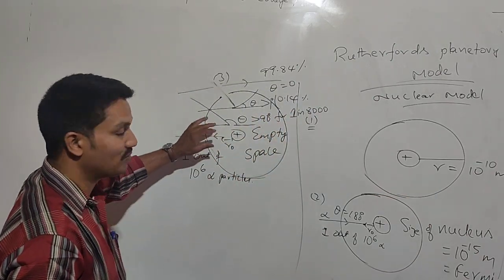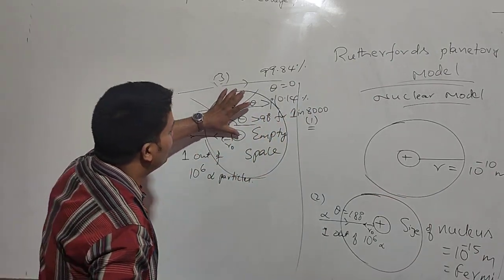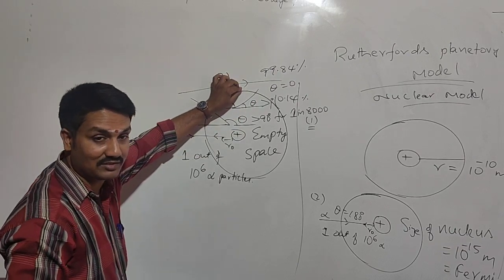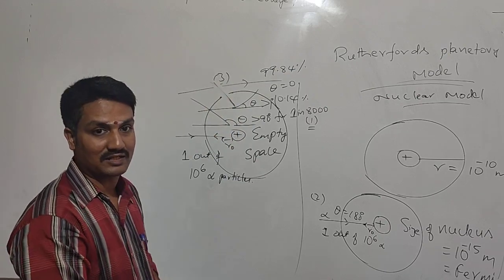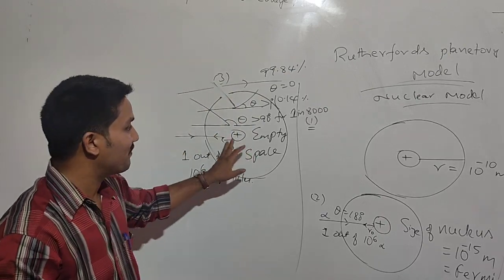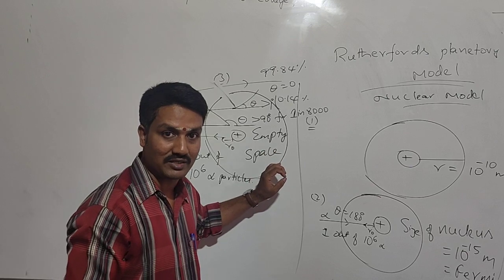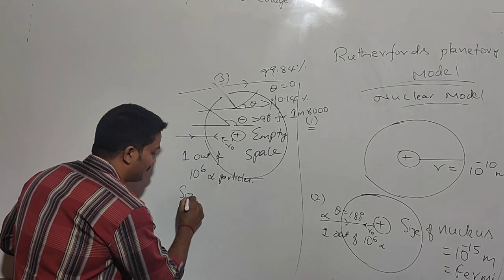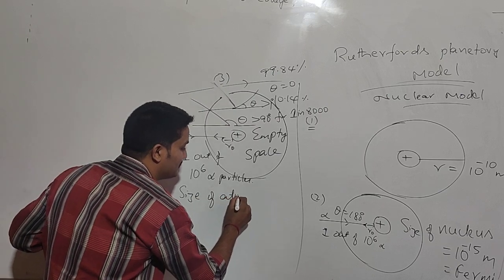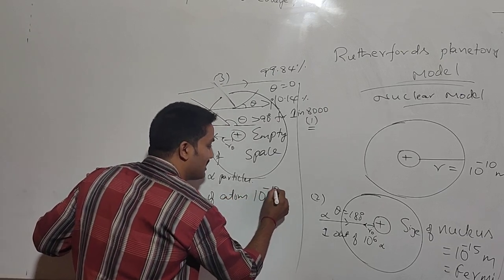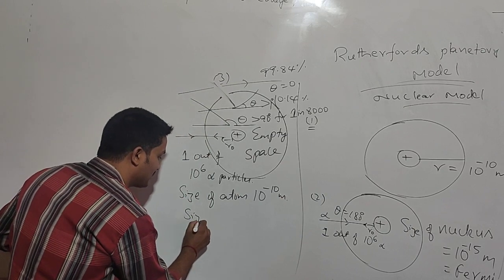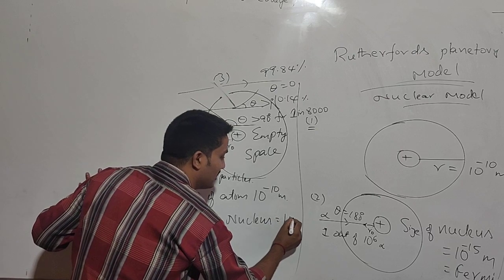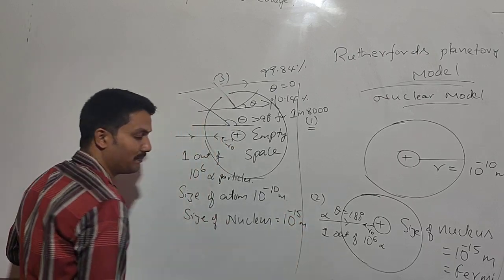From this, we understand that in between the nucleus and the electrons there is a lot of space, which is completely hollow or empty. Why? Because the size of the atom is 10 power minus 10 meters, whereas the size of the nucleus is 10 power minus 15 meters.